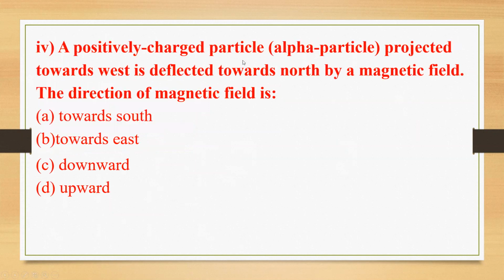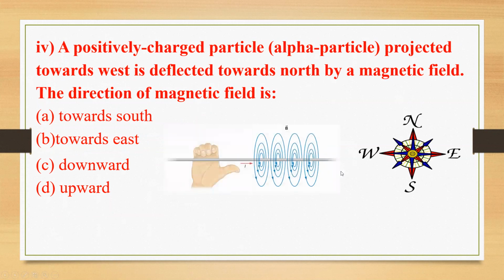A positively charged particle projected towards west is deflected towards north by a magnetic field. The direction of magnetic field is, you can see, you know the directions, isn't it?